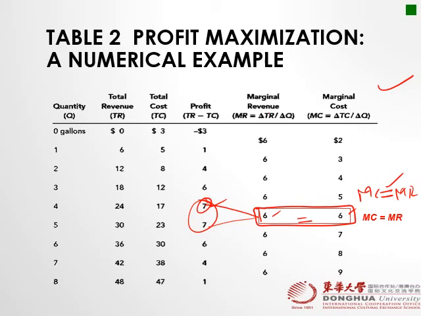So here, what is the tagline? We have to produce where MC is equal to MR. So why are we looking at this table? To find out whether this is true, that at MC equal to MR profit is maximum. So we have found this condition, MC is equal to MR, right? It perfectly correlates with our condition where marginal cost is 6 and marginal revenue is 6, right?